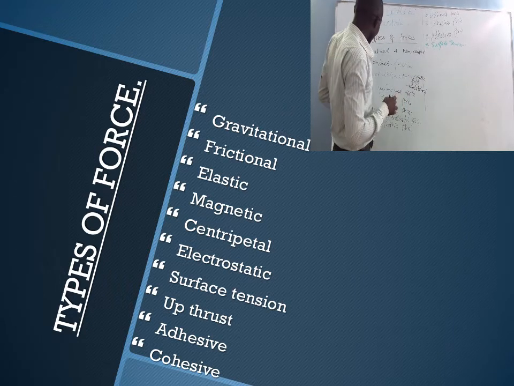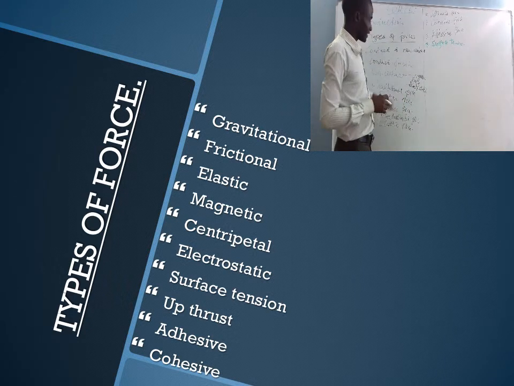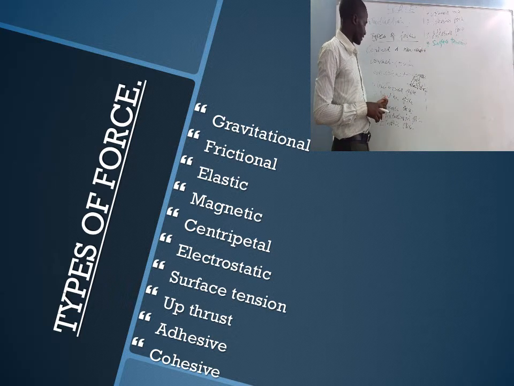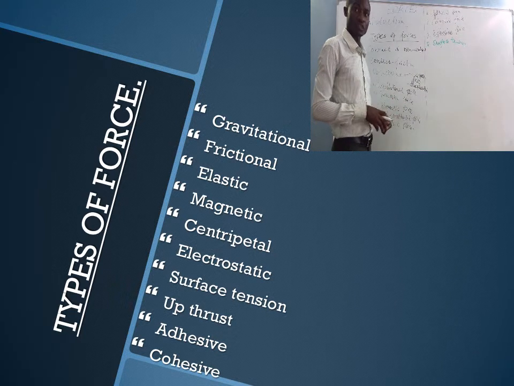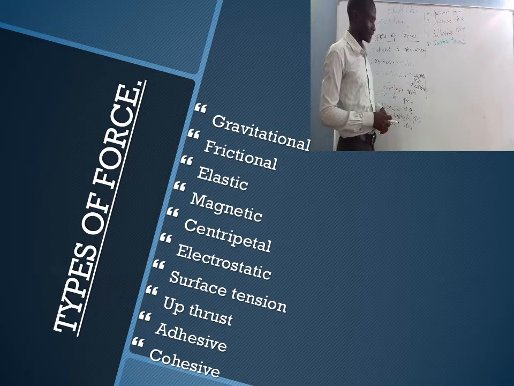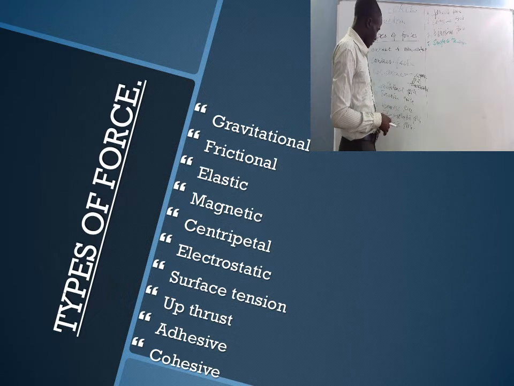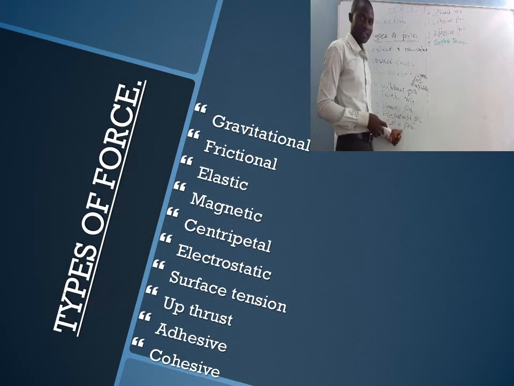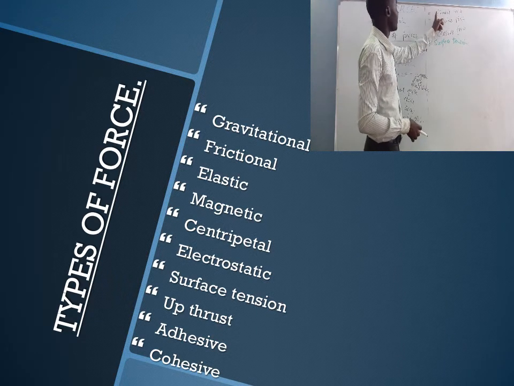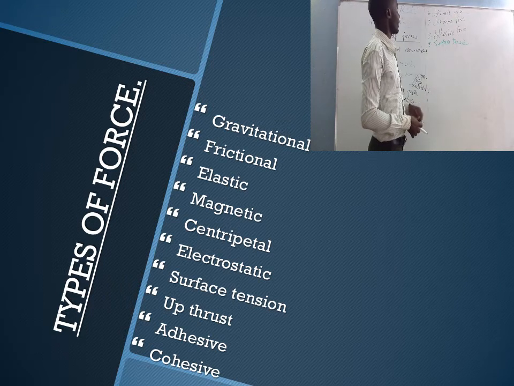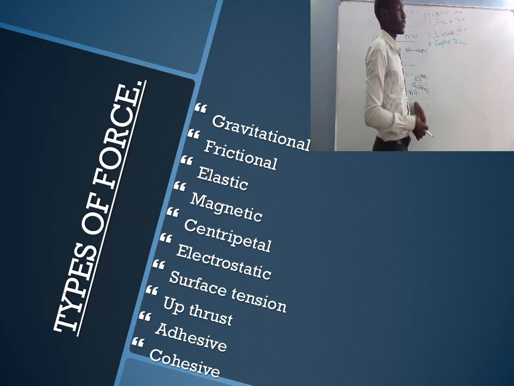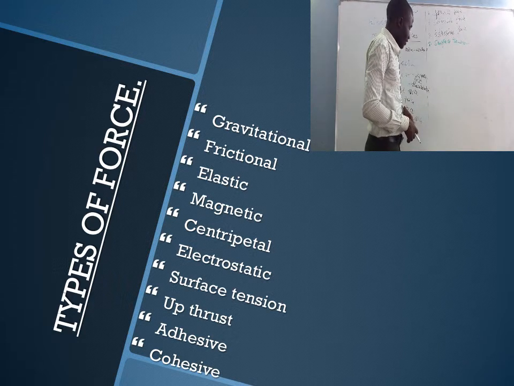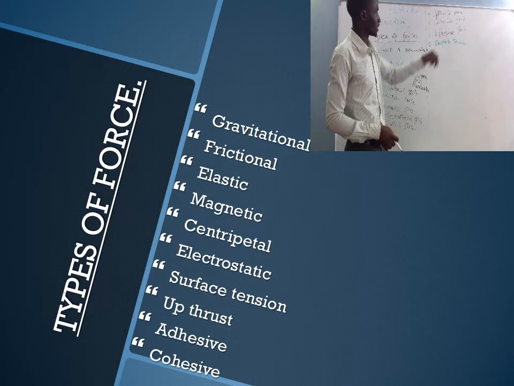And so we have a number of forces as we have listed. The first one is gravitational force. Second is frictional force, or the force of friction. The third one is magnetic force. The fourth is electrostatic force. Number 5, elastic force. And 6, upthrust force. 7, cohesive force, or the force of cohesion. Then 8 is adhesive force, or the force of adhesion.